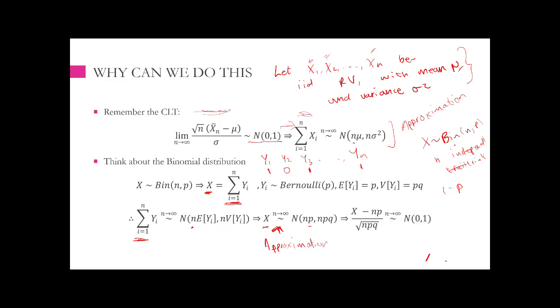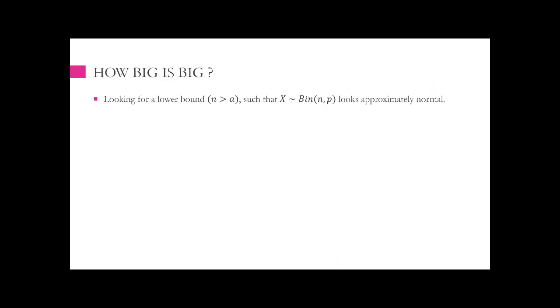So that's the why, right? Now, there's this question about how big does n need to be? How big is big? Well, essentially, in order to find this out, we're looking for a value a, and n needs to be bigger than a, so we're looking for a lower bound, essentially, such that this binomial distribution that we have, with n being greater than a, looks approximately normal.